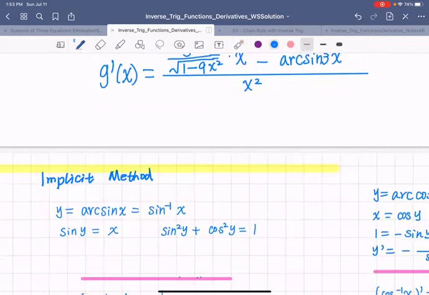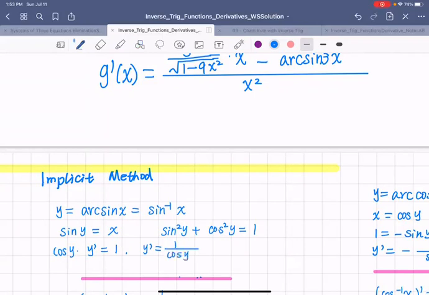That's cosine y, and we have y prime. The derivative of x is just 1. So y prime equals 1 over cosine y.